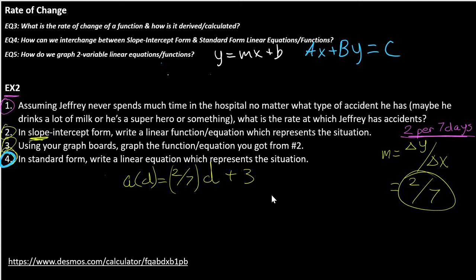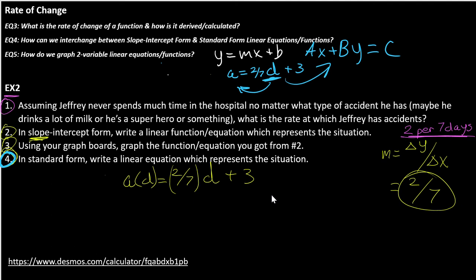Okay, anyway, so how could I do that? What I'm starting out with is y equals mx plus b, right? So I need to revert it into this form. So a is like y, d is like x. I need my variables over here on the left.